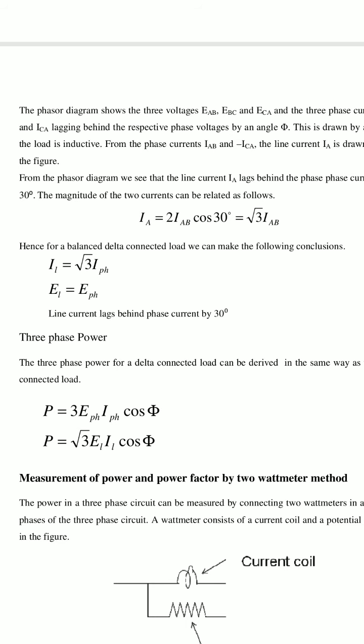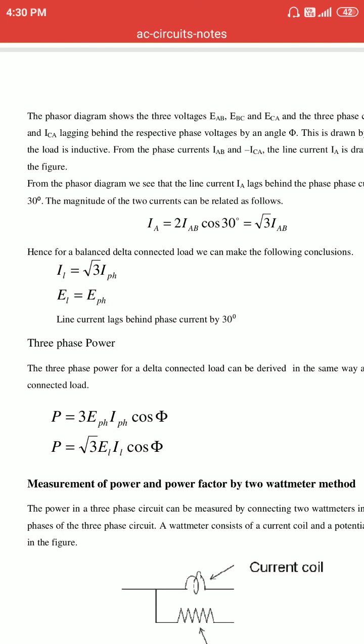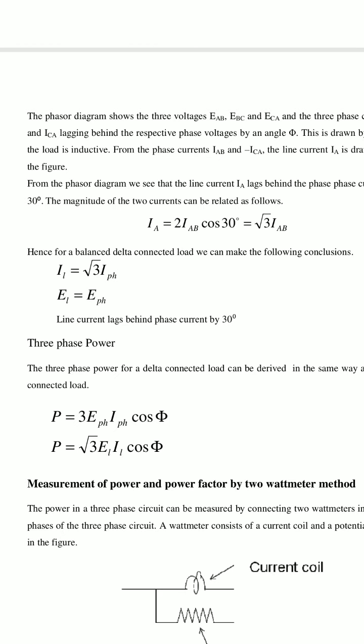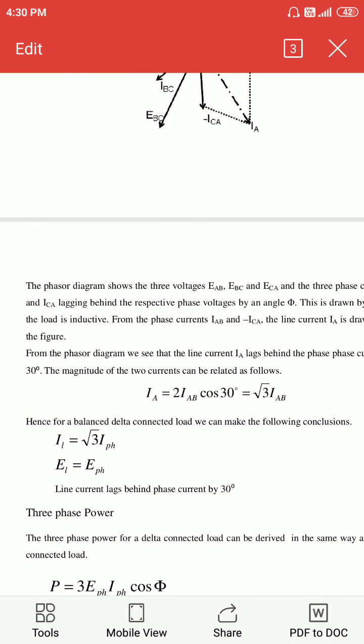The three phase power in delta connection can be written as power is equal to 3 into E phase I phase cos phi, and in terms of line quantities power is equal to root 3 EL IL cos phi. So this is about the star and delta line voltage, line current, phase voltage and phase currents.